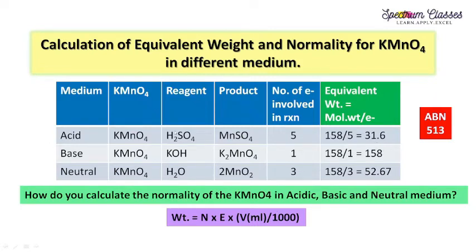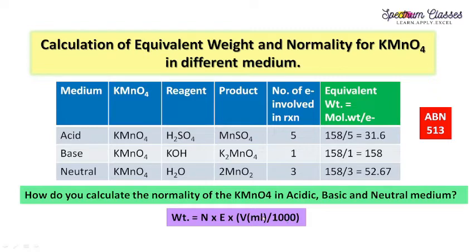For different mediums, that is acid, base and neutral, the equivalent weight changes. So in case of acid, base or neutral medium, normality will be different. So that is important here. Now coming to the volume. If volume is given in ml, then you have to change it into liters.